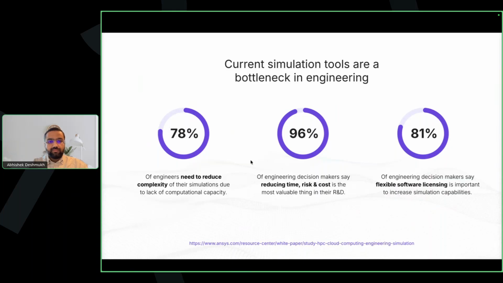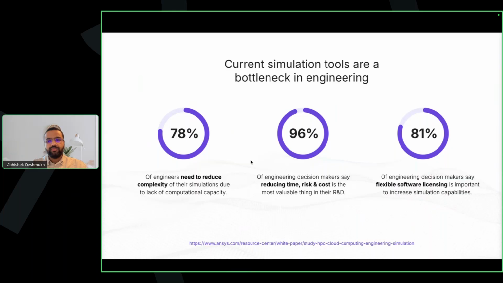Otherwise, they need to reduce their simulation complexity in some way, simplifying it to be able to run their simulations in their existing capacity. I have done this in the past. I had to simplify my simulations when I didn't have access to such huge computational capacity.